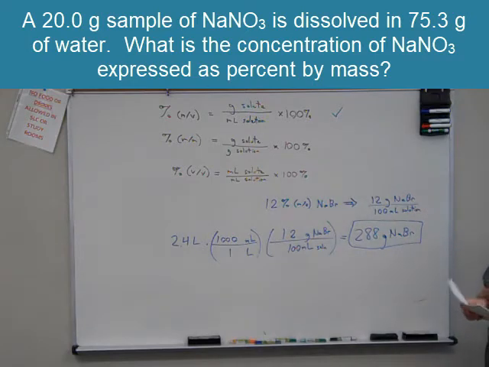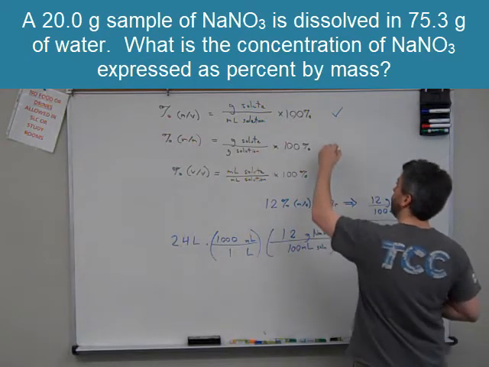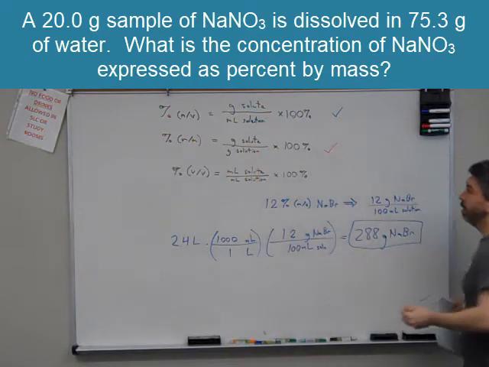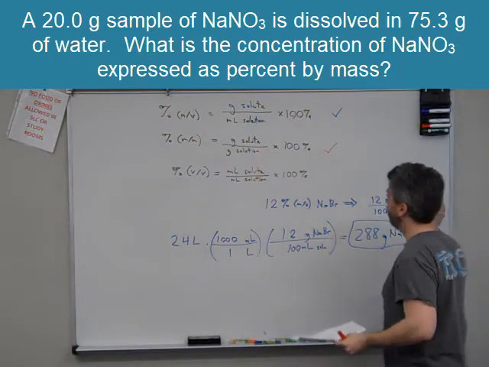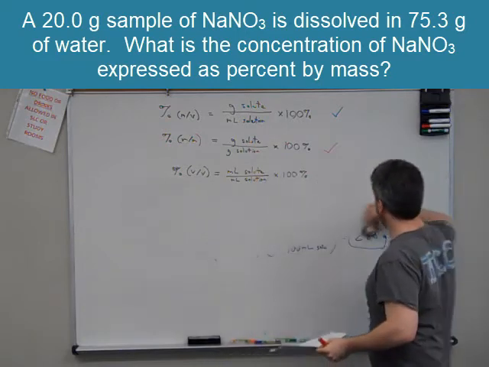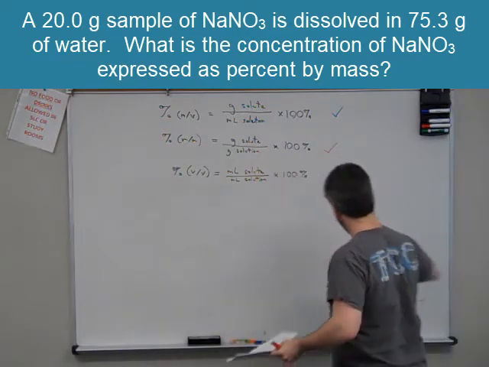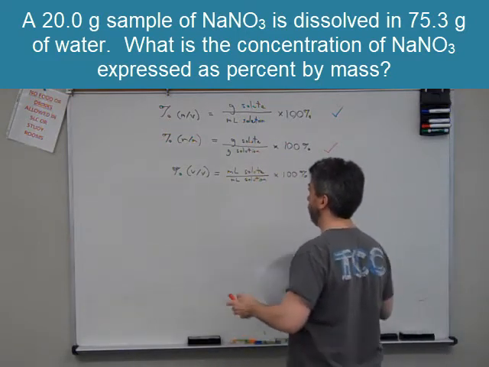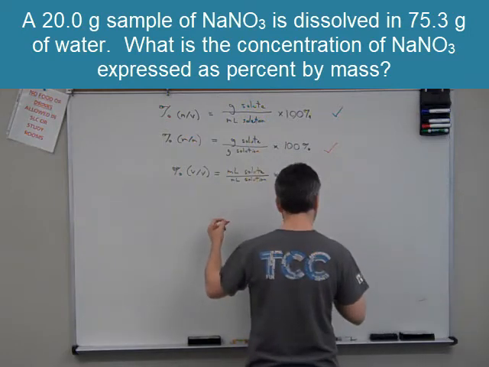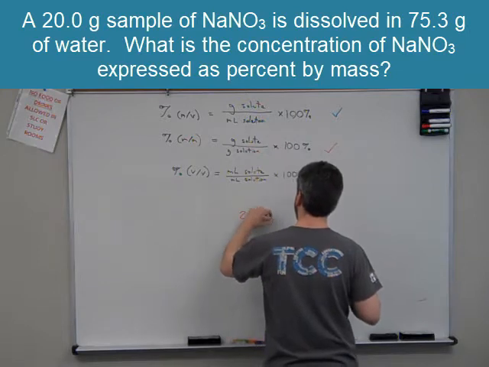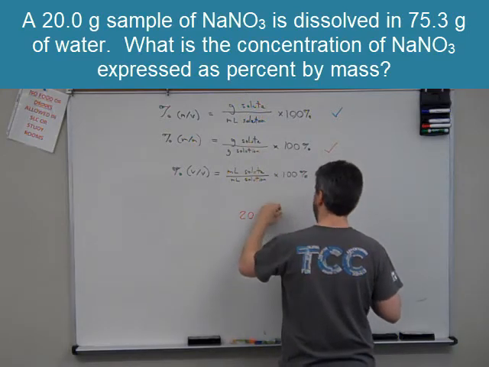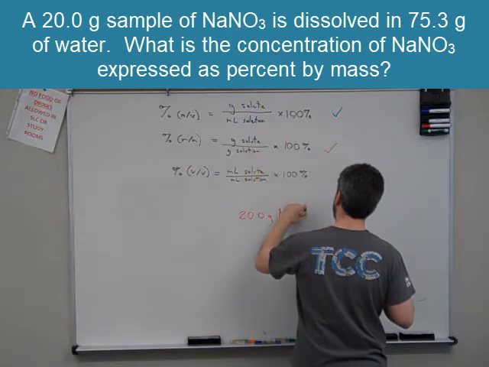We are looking for percentage mass over mass, so we're going to use the mass percent calculation. What's going to go on the top? What's our grams of solute? 20.0 grams of solute, sodium nitrate, NaNO3.